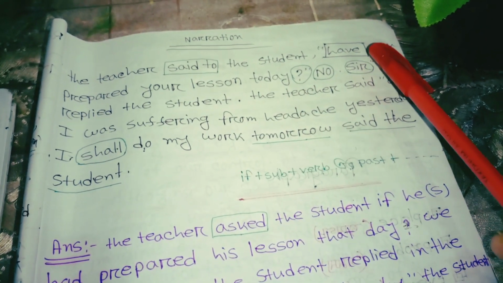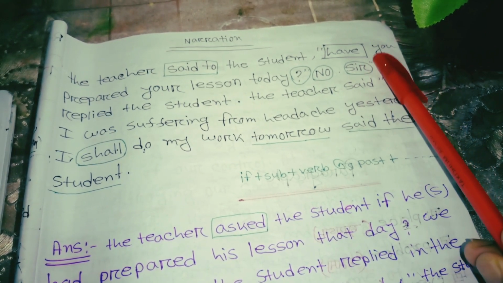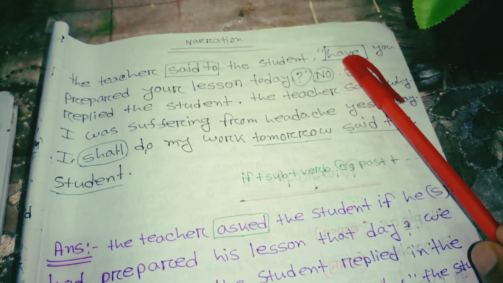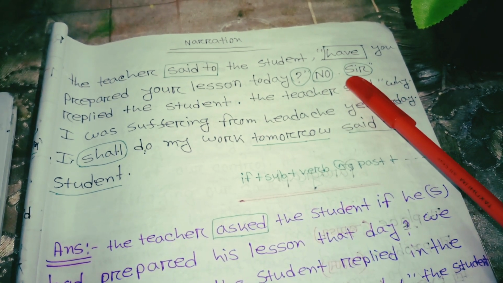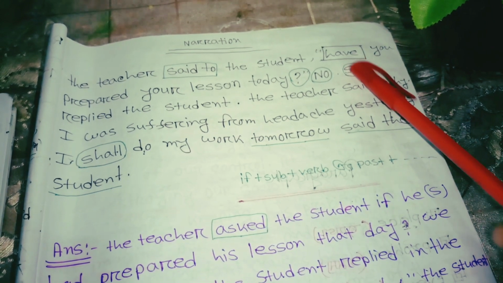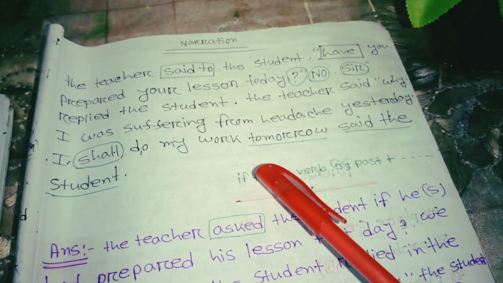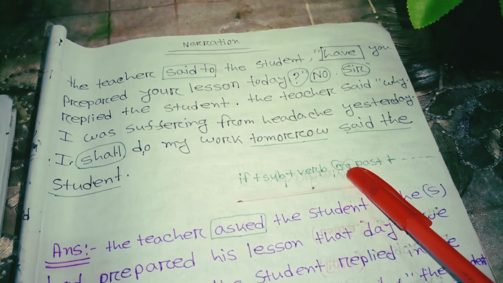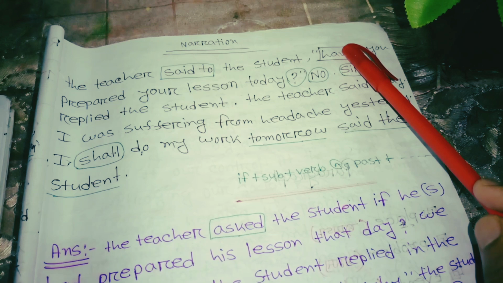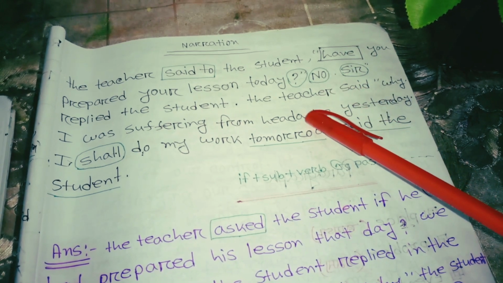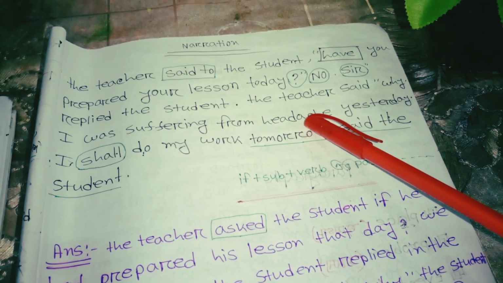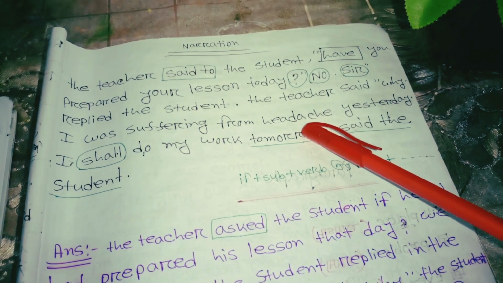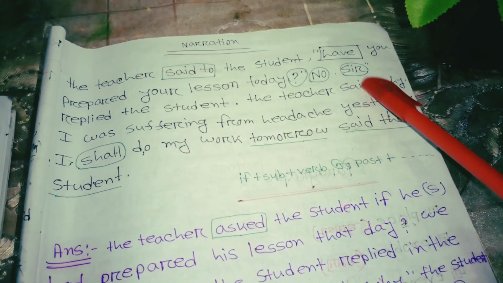And if a sentence starts without a double question word, like a double question word means who, what, how, you have to follow these rules. These rules are: if plus subject plus verb. You have to change the verb. If it is present, you have to change it to past, and if it is past, you have to change it to present, and if it is future, you shouldn't change it.